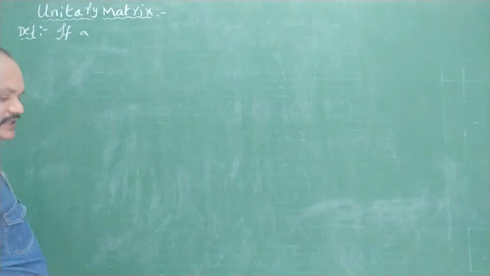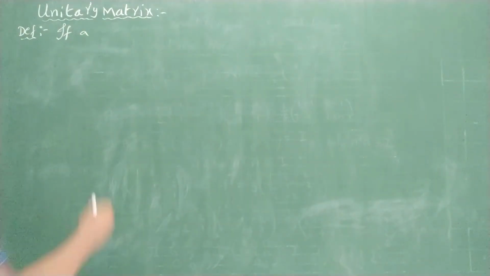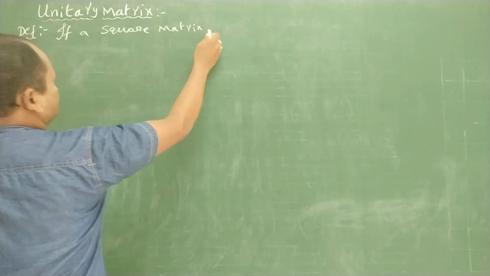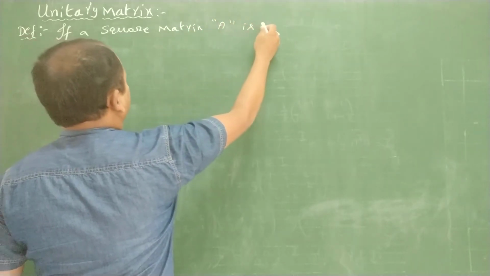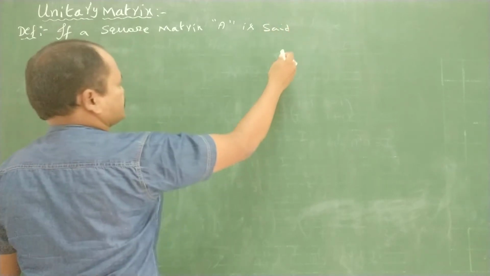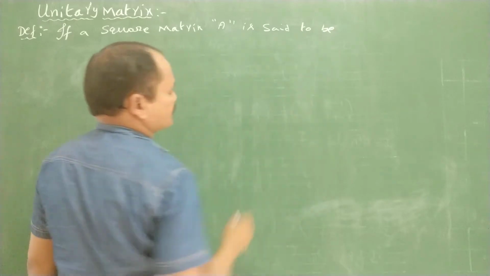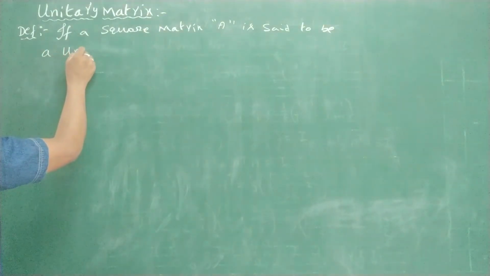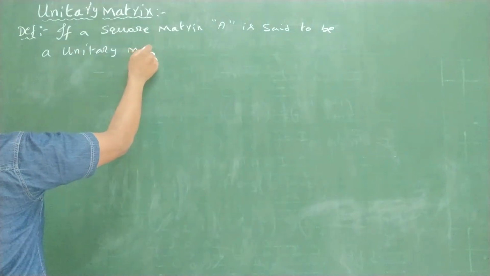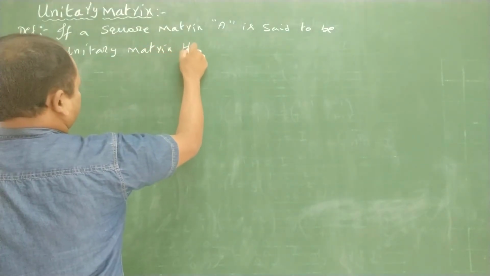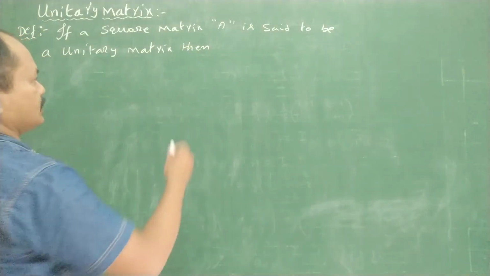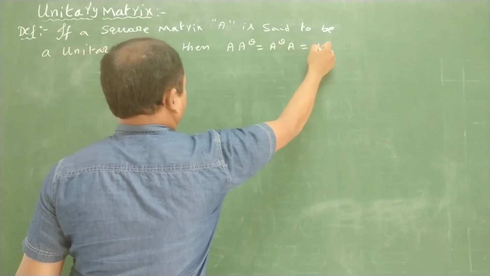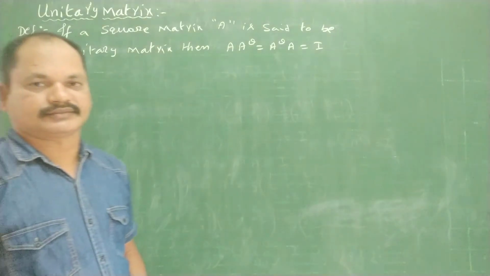If a square matrix capital A is said to be a unitary matrix, then A into A power theta is equal to A power theta into A is equal to I. That's all.